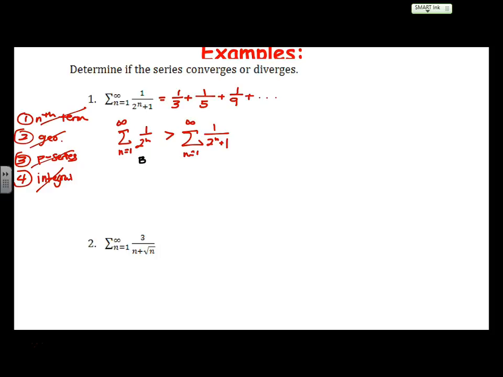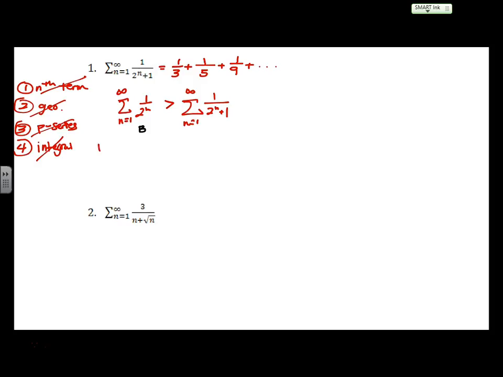So what can we say about our bigger? He better be converging. The bigger better be converging, right? Well, let's check it. What do we know about 1 over 2 to the n? It converges to something like that.